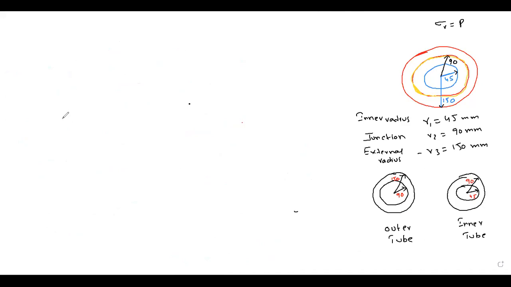So the second boundary condition is R is equal to R2. And what is the value of R2? 0.09 meter. So what is the radial pressure at radius R2, that is, at the junction? Will there be pressure here or not?